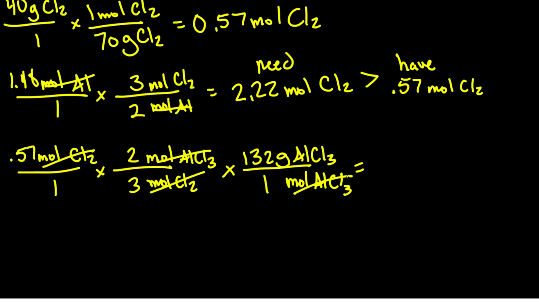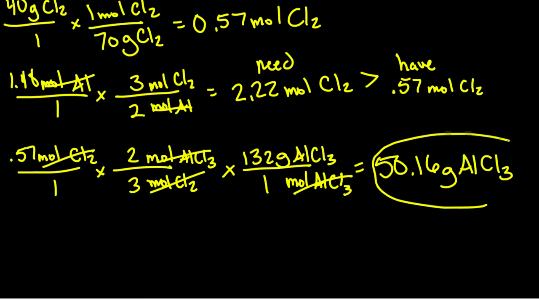So 0.57 times 2 divided by 3 times 132, and I get 50.16. So theoretically, we should produce 50.16 grams of aluminum chloride. And there is our answer.